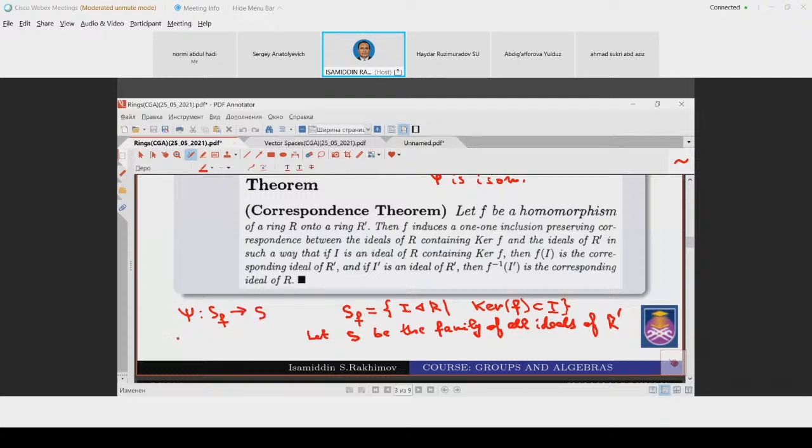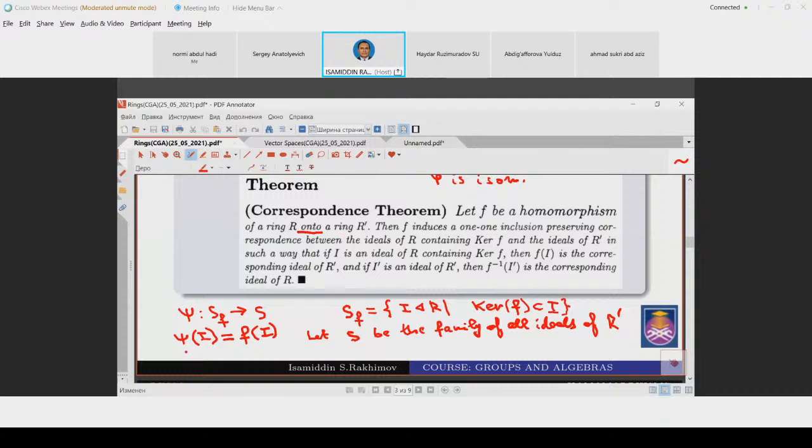You will take psi of I as F of I. Since this is onto, please pay attention to this, when it is onto, the image of any ideal is an ideal in another ring, R prime.